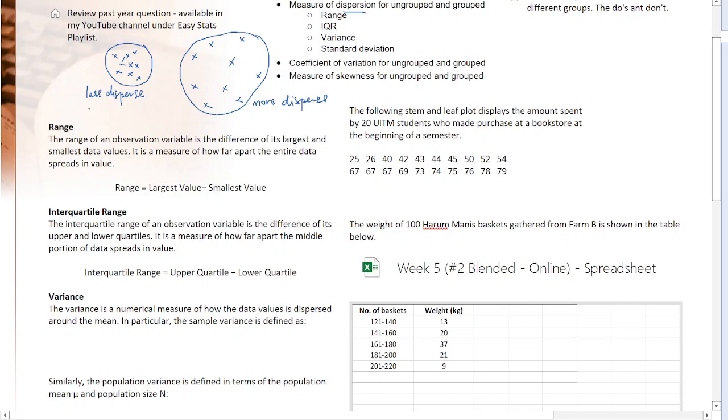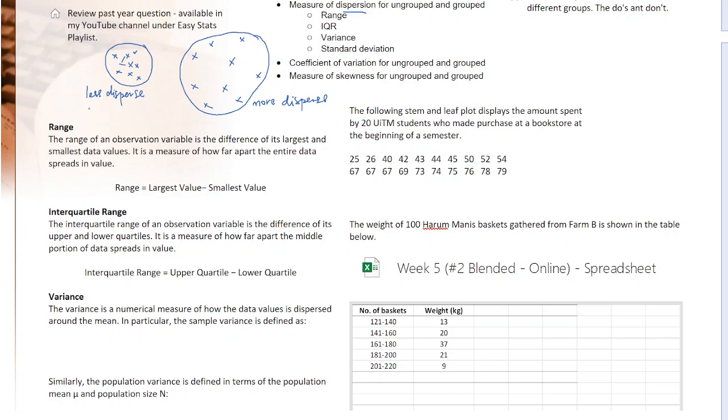Consistent means they are not farther away from one another; they are consistently almost the same values. For example, if students take an exam and their marks are not so different, they are clustered together. That means their marks are more consistent compared to the one with the larger dispersion.